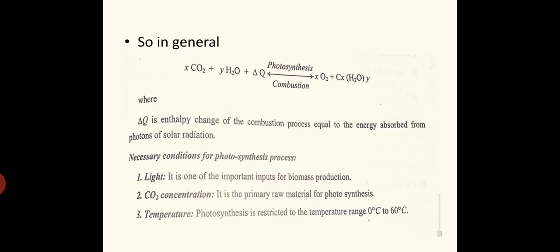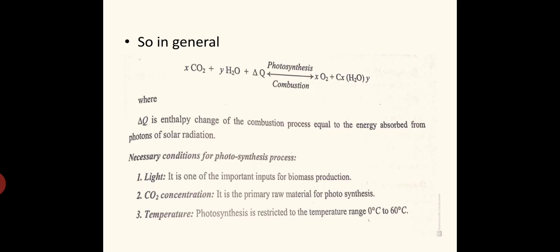In general, photosynthesis can be explained by the general equation x CO2 plus y H2O plus delta Q, where delta Q is the enthalpy change in the combustion process. For the carbohydrate formation, this much delta Q is absorbed from the sunlight, that is, the sun provides this much energy for the combination of CO2 and H2O to form carbohydrates.